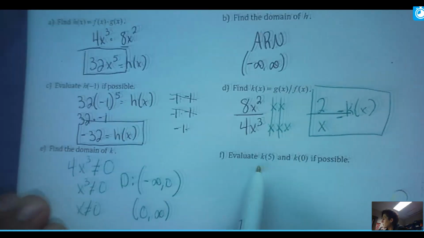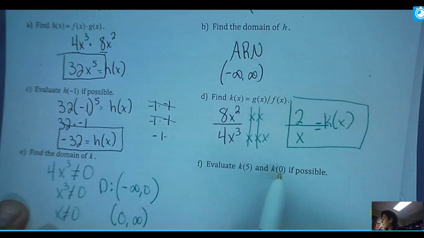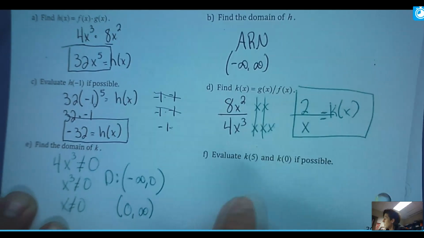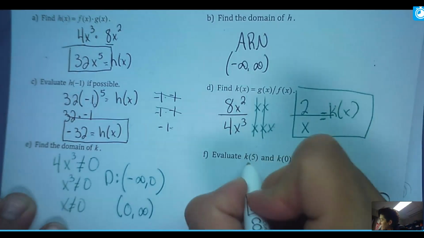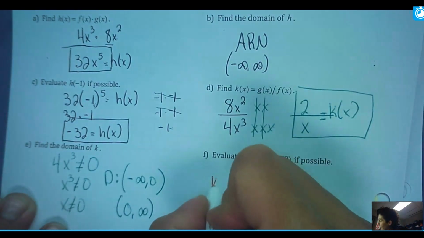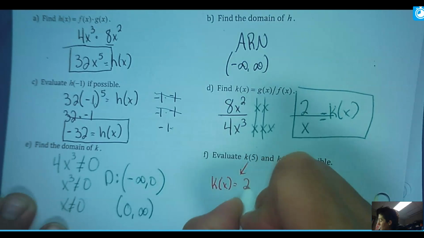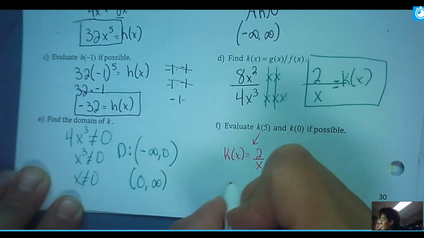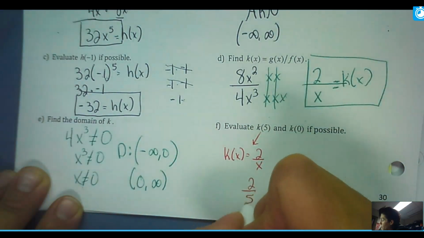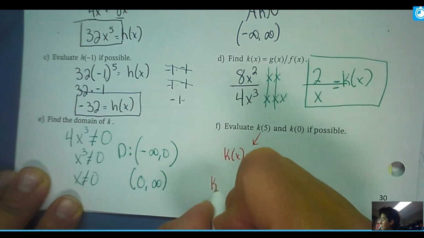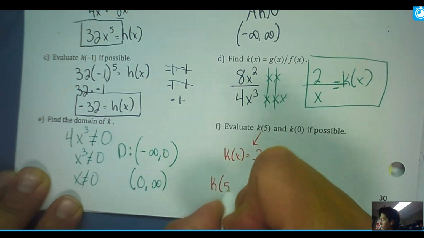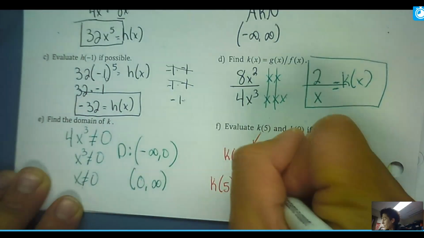And now we're going to evaluate k of 5 and k of 0 if possible. With k of 5, I'm just going to put 5 in there. k of x, if you remember, was 2 over x. And that means 5 should go in here. And so when I'm done, my function k, when x is 5, gives me 2/5.